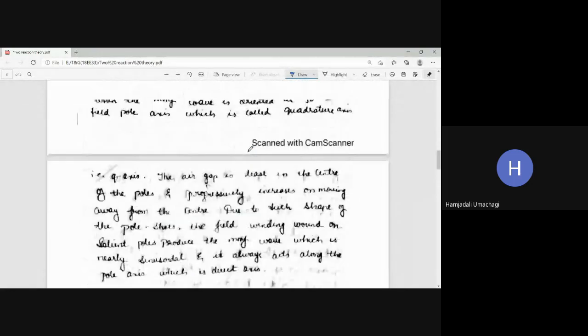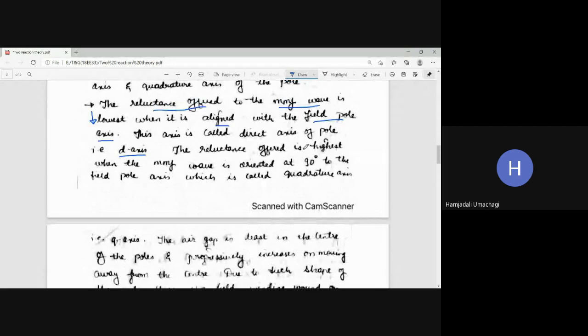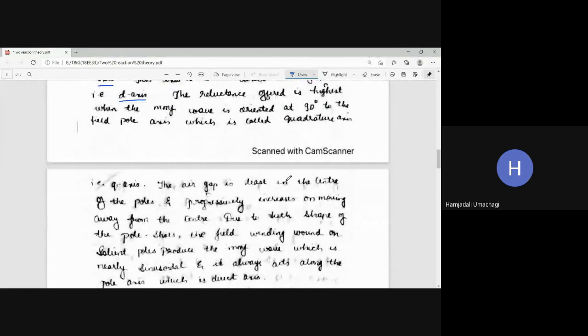So the quadrature axis gives more reluctance and the direct axis gives less reluctance for the stator MMF wave. Oriented 90 degrees to the field pole axis is called the quadrature axis, in short the Q axis.